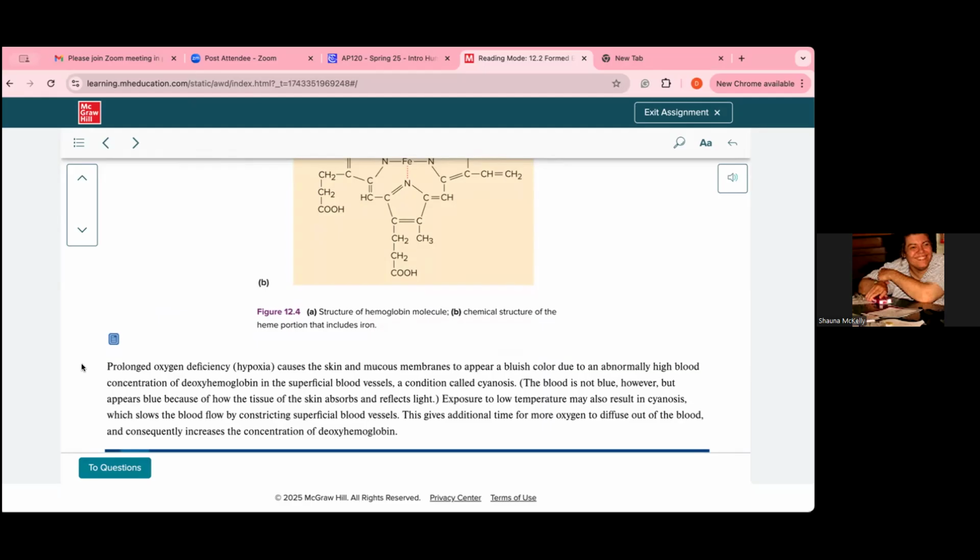Exposure to low temperature may also result in cyanosis, which slows the blood flow by constricting superficial blood vessels. This gives additional time for more oxygen to diffuse out of the blood and consequently increases the concentration of deoxyhemoglobin. Okay, but that still has nothing to do with the fetus.